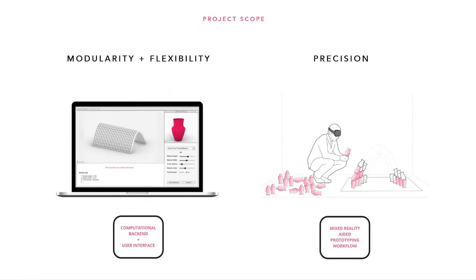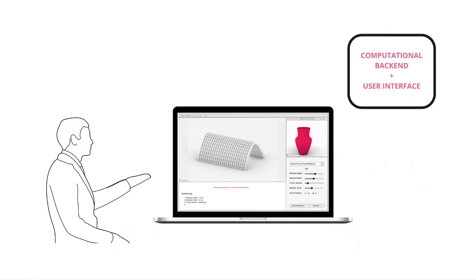Along with that, a complementary mixed reality aided workflow that enables a maker in the precise placement of modules in a prototyping setup is also proposed. So how exactly might computational design and mixed reality be used to aid a designer in utilizing QBT? Let's have a look. So here is the first part of the project, the computational backend.